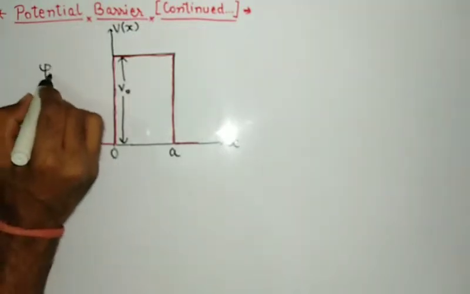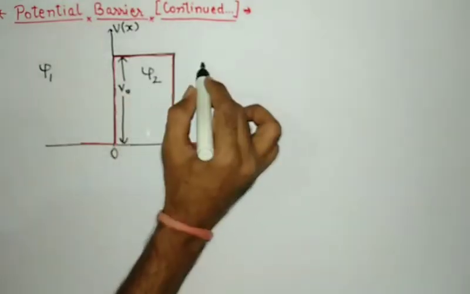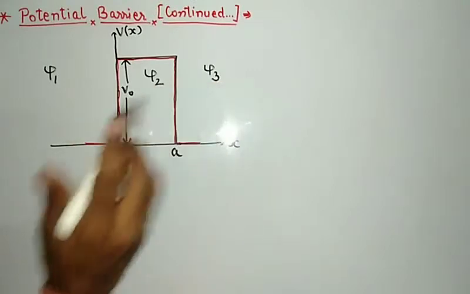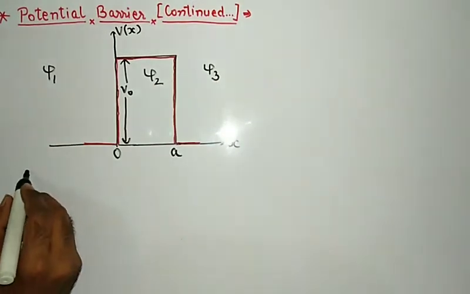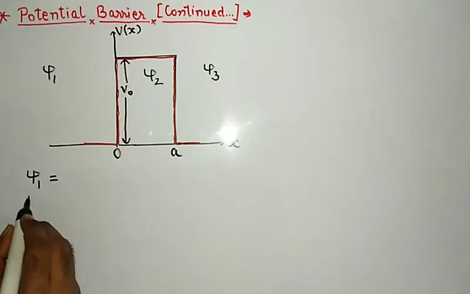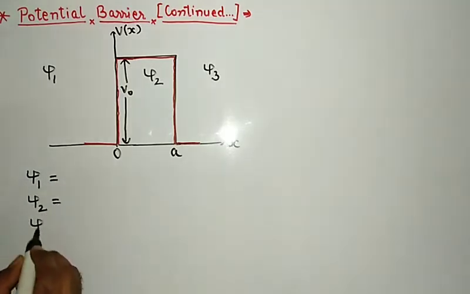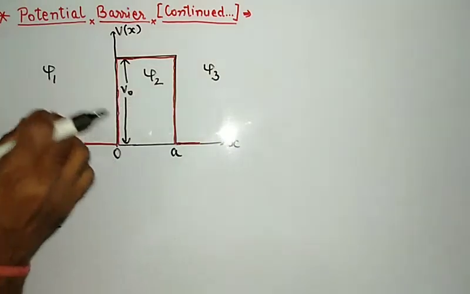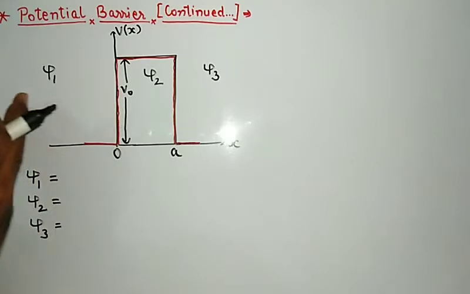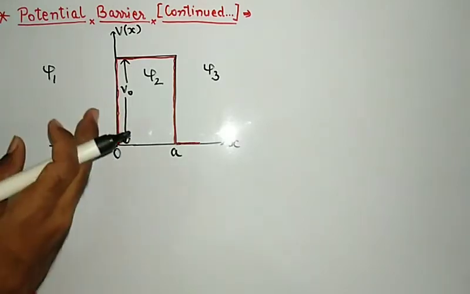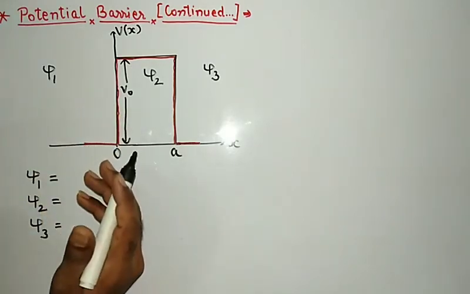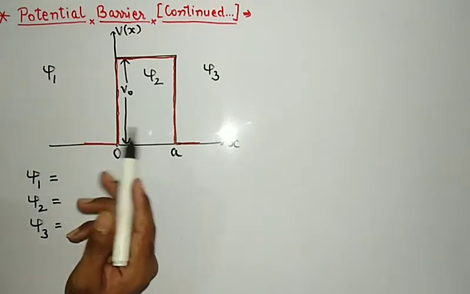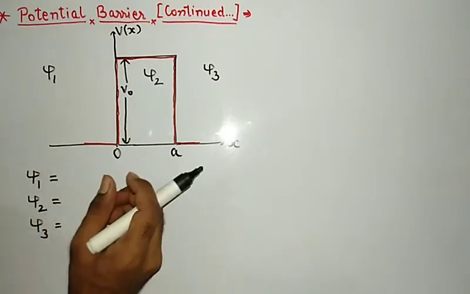We have considered psi 1, psi 2, psi 3, and the format of these wave functions we have written in the previous video. A particle was moving from the left and we have to consider its motion using the classical view and the quantum mechanical view, and differentiate between them.